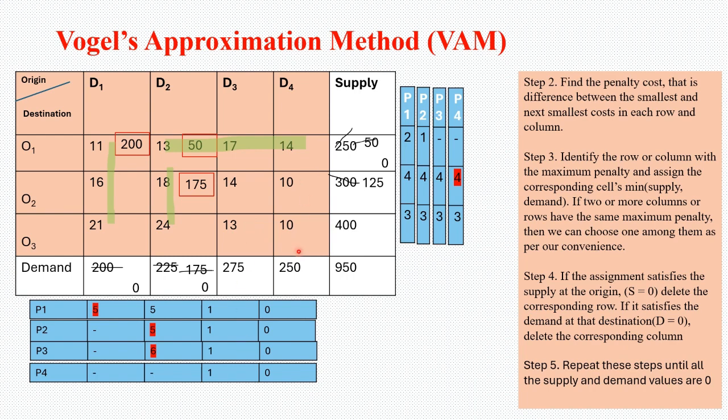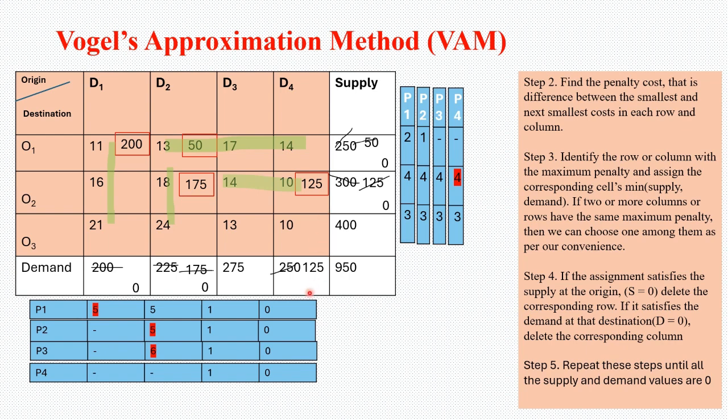The minimum cost in row 2 is the cell with 10. Corresponding supply is 125 and demand is 250. 125 is less. Hence assigned value is 125. 125 minus 125 is 0 and 250 minus 125 is 125. Supply is 0, so delete the row.